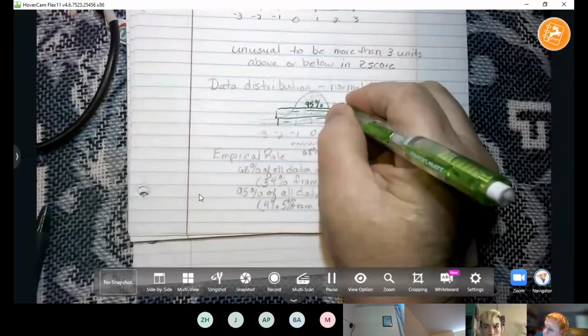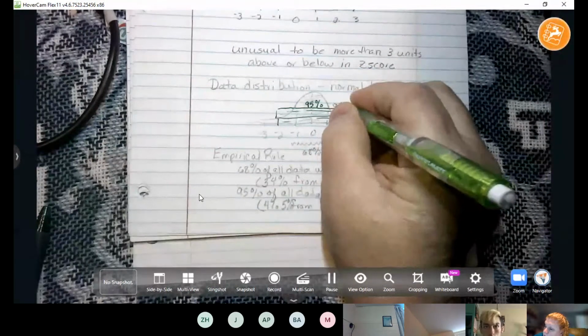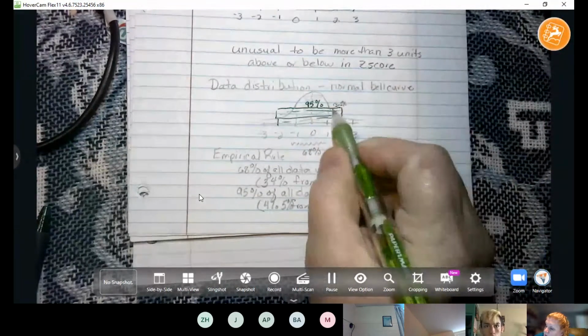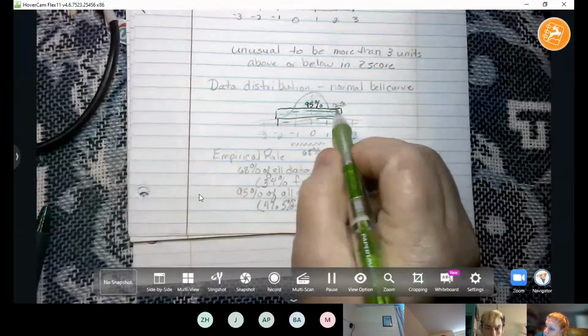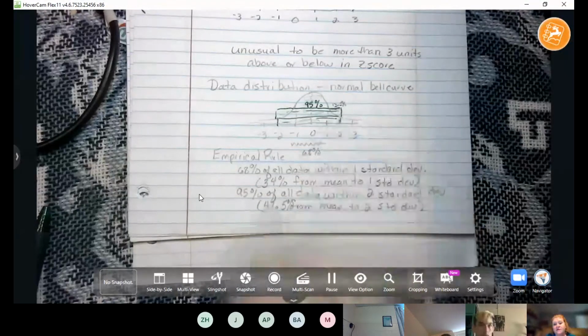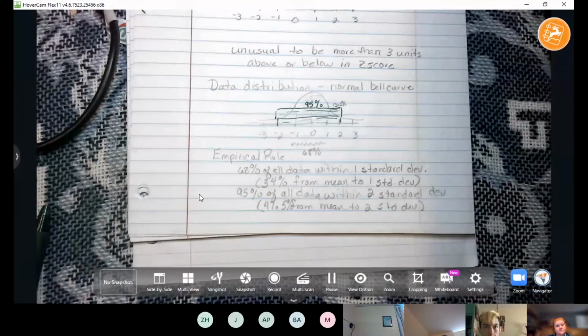That is only 13.5% just in this little part, from 1 deviation to 2. So you also get into that rule.